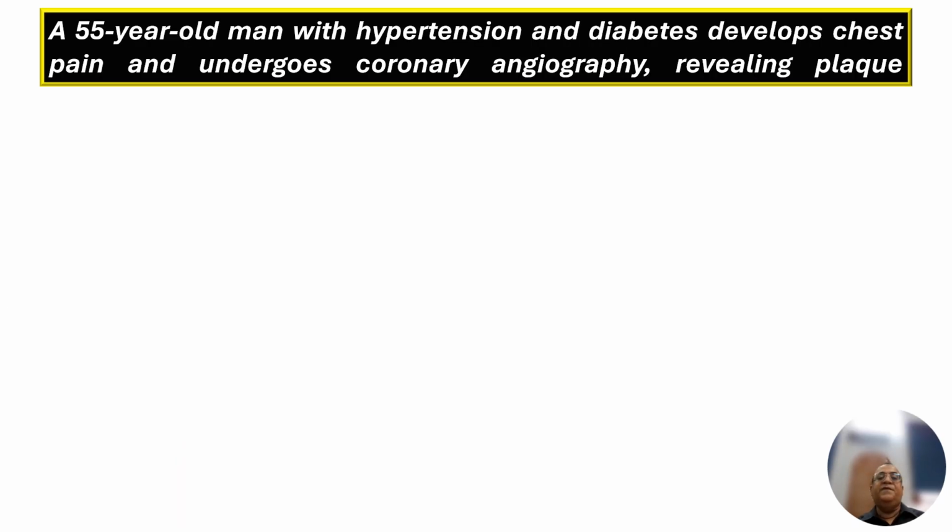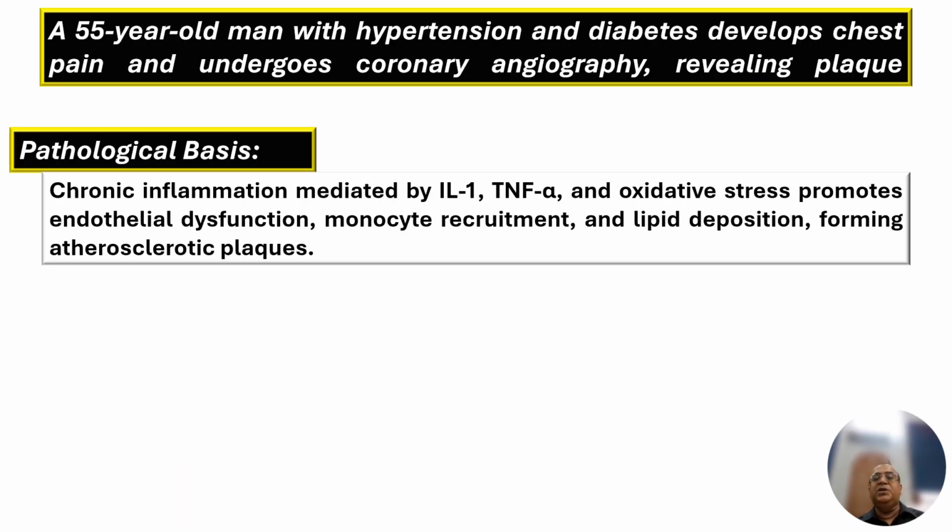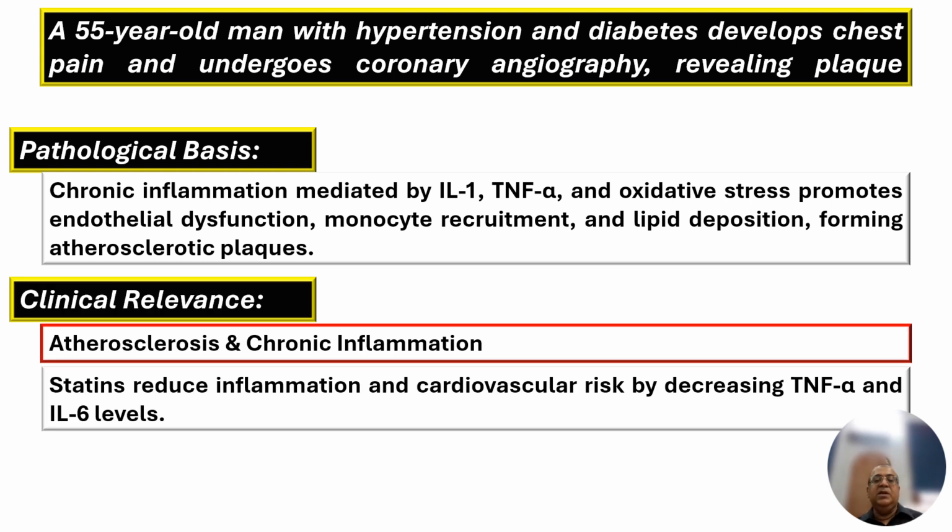In this scenario, a 55-year-old man with hypertension and diabetes develops chest pain and undergoes coronary angiography revealing plaque formation. This is a case of atherosclerosis and chronic inflammation, and this chronic inflammation is mediated by interleukin 1 and TNF along with oxidative stress, which promote dysfunction of the endothelium, recruitment of monocytes, and deposition of lipid that forms atherosclerotic plaque.